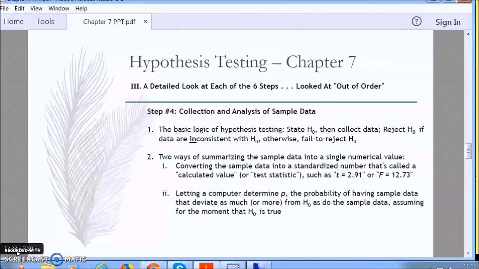For example, you are testing IQ. Your null hypothesis says that mu, that is the mean of males, is equal to the mean of the females for the IQ. If the difference is 1/10, then you can think about it as being some sampling error.